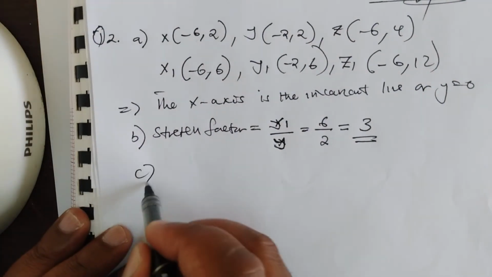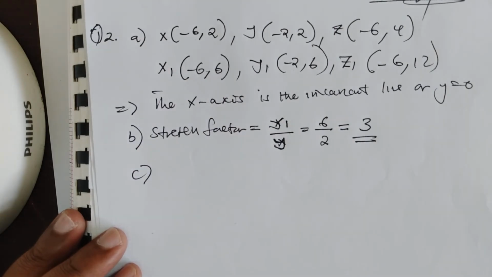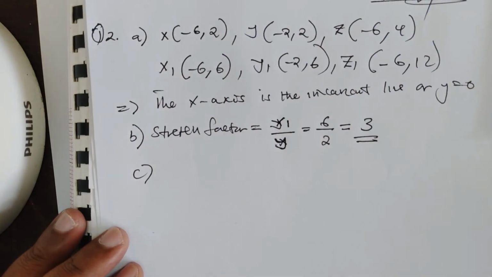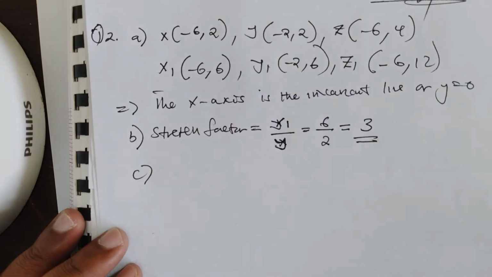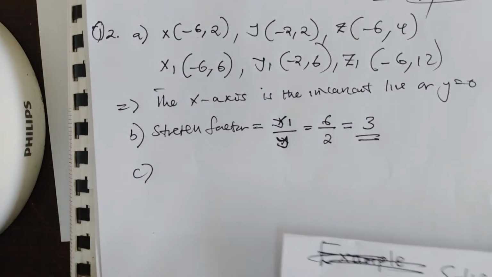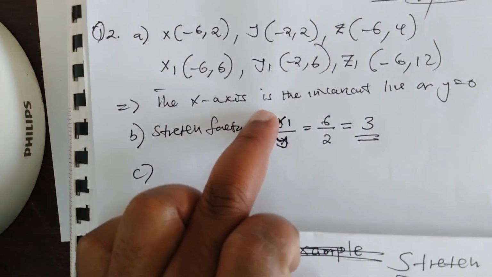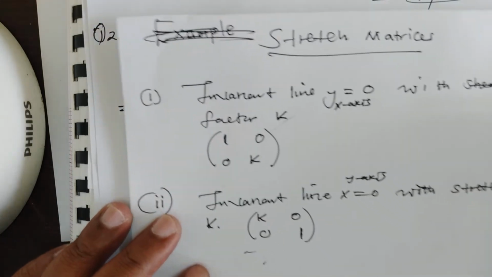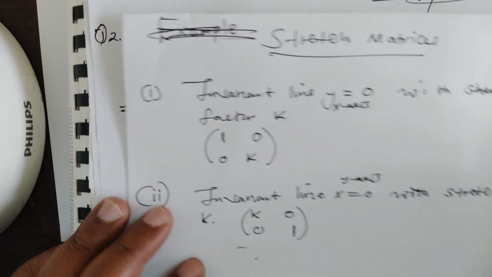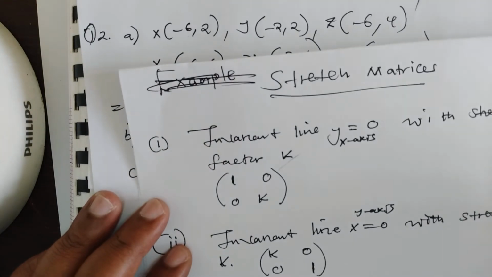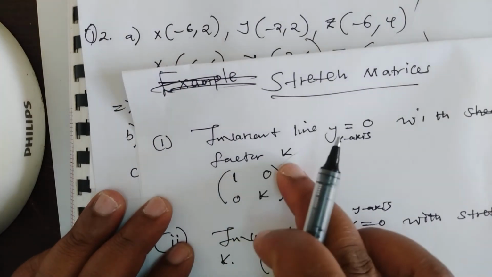So for the matrix, you can apply the same approach, or you use this to say which one is our invariant line. We're saying our invariant line is the x-axis, so I'll use this, because the invariant line is the x-axis, so you're going to say 1 0 0 k.